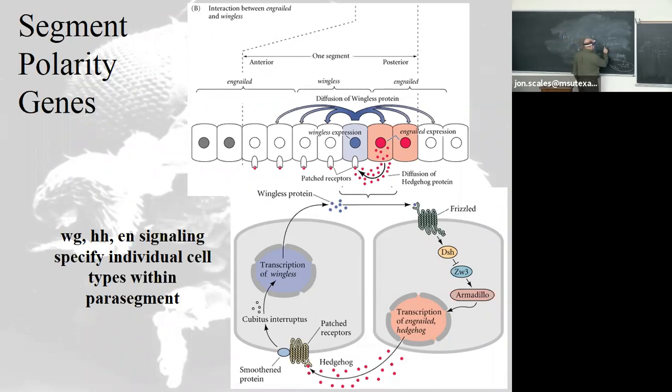So when beta-catenin is phosphorylated, it's destroyed, okay? But if you inhibit GSK3, then GSK3 can't inhibit beta-catenin, right?